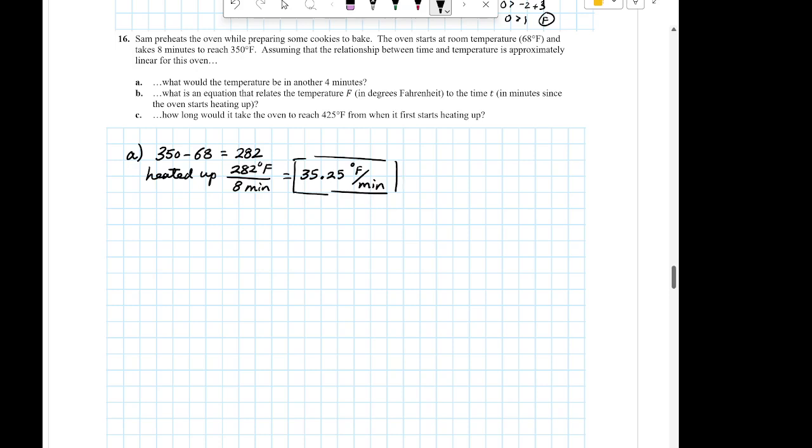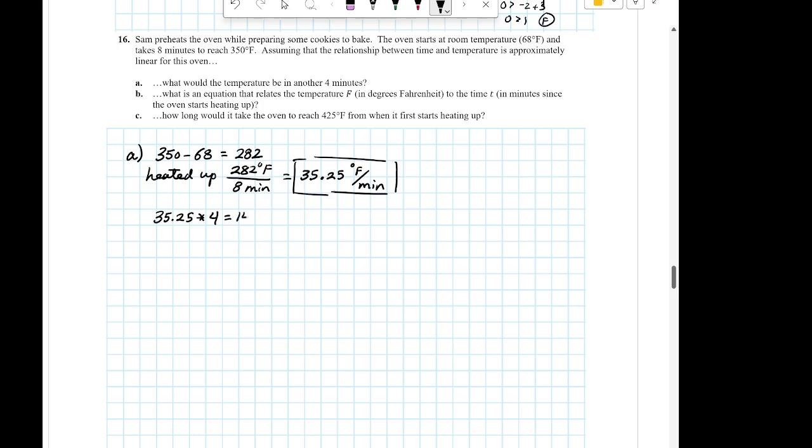Okay, so what would the temperature be in another 4 minutes? Well, let's take 35.25, multiply it by 4, and that's 141. We were at 350 degrees, so it heats up another 141 degrees, and so that's going to be 491 degrees Fahrenheit.